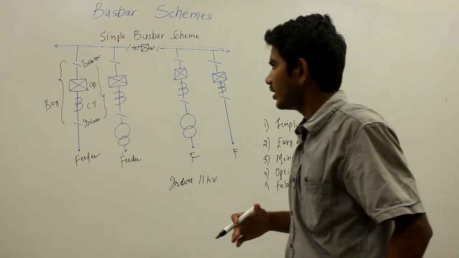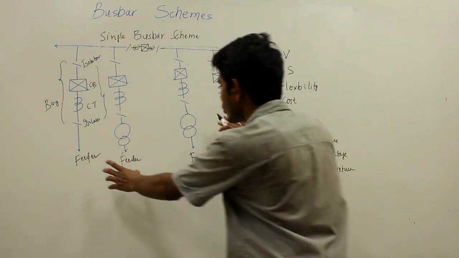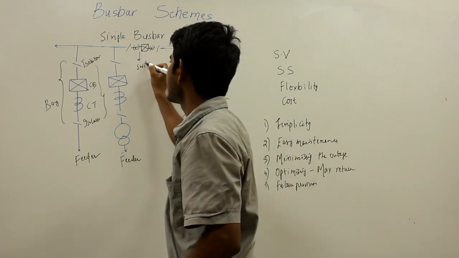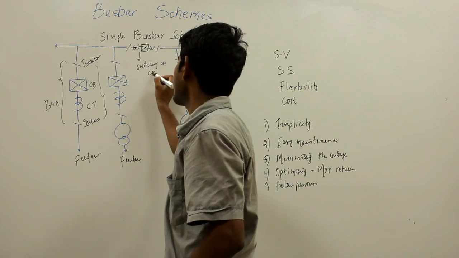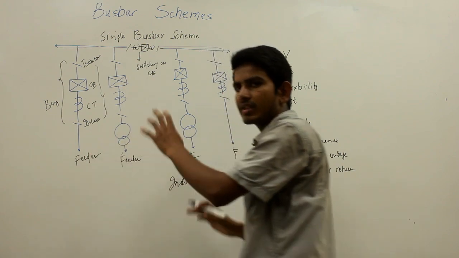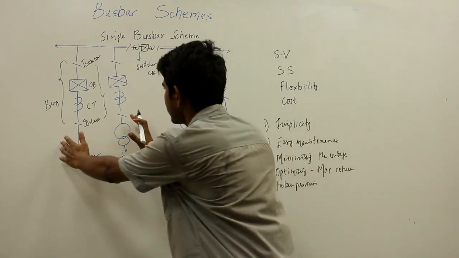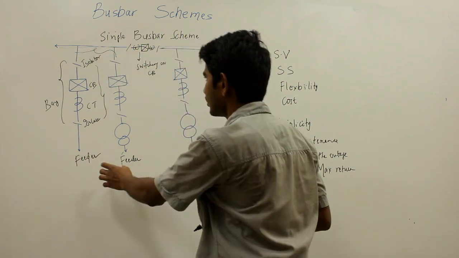So if any of the sources is out of the system, still all loads can be fed by switching on this circuit breaker. By switching on this circuit breaker, all the loads can be fed if any of the sources is out of the system. This is for the even number of sections.